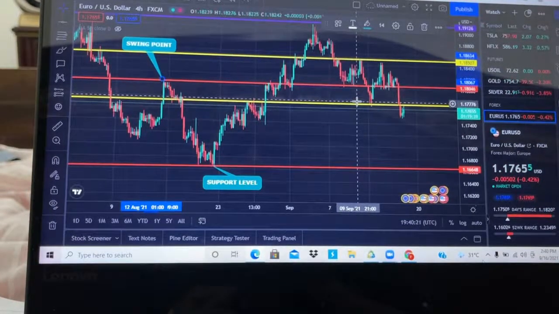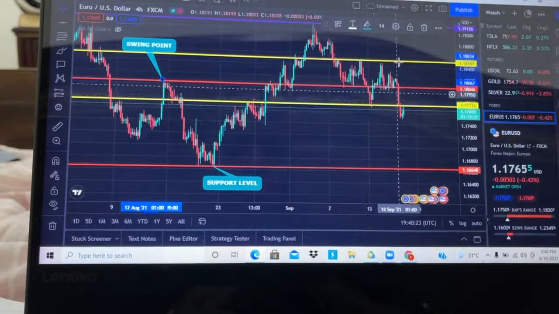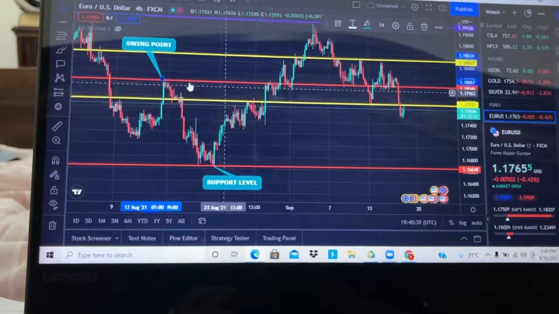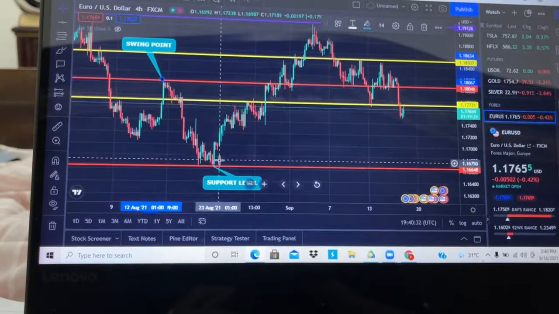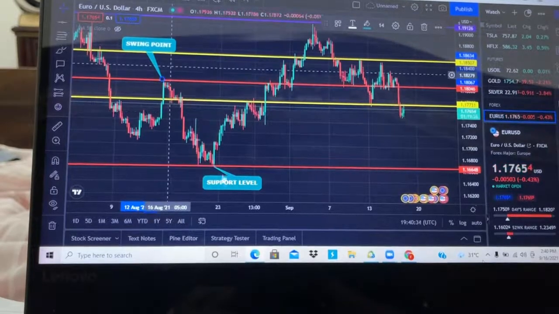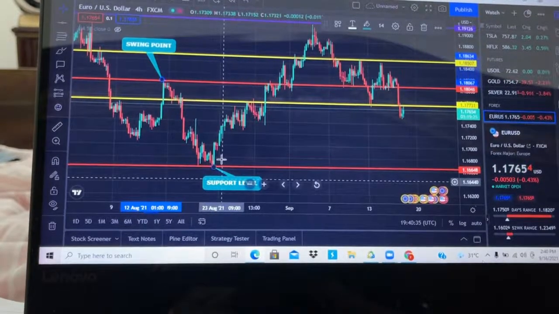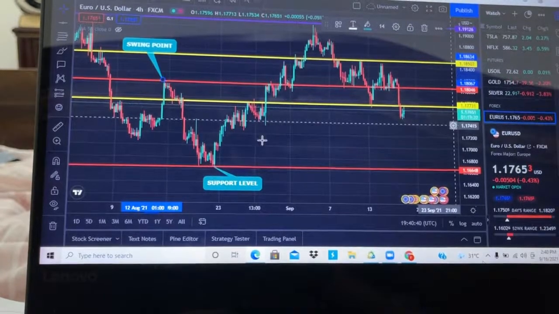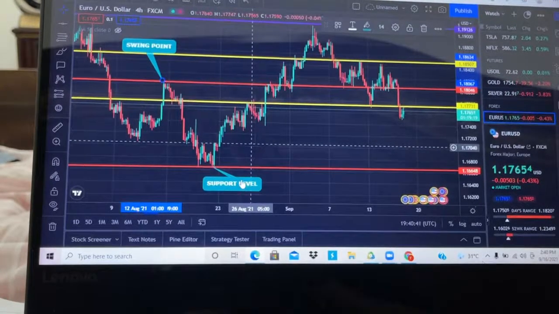So we will be working a lot on the chart next week, a lot more, that is for sure. But for now, it's just to get a basic understanding that the market has several swing points and support. And how you identify them is that you look to the left, right?